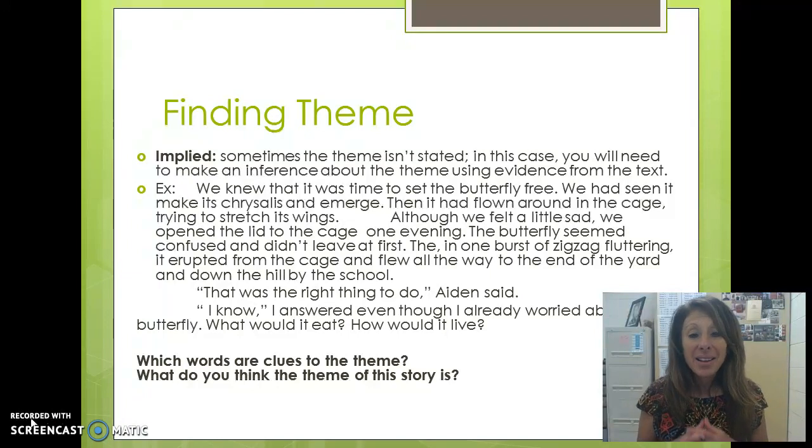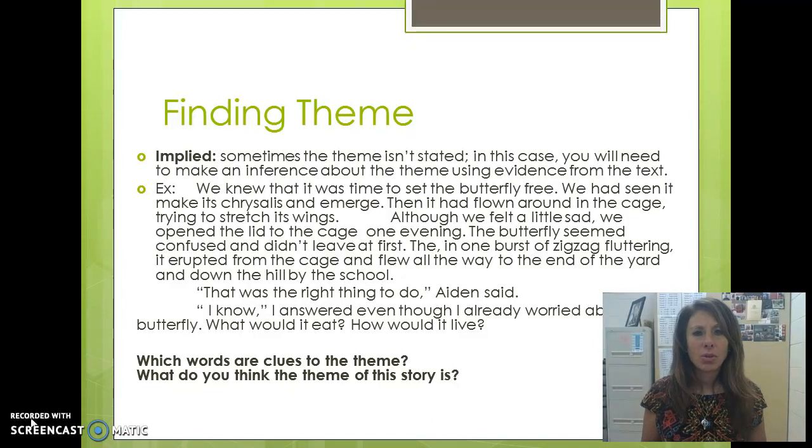Then, in one burst of zigzag fluttering, it erupted from the cage and flew all the way to the end of the yard and down the hill by the school. That was the right thing to do, Aiden said. I know, I answered, even though I already worried about the butterfly. I mean, what would it eat? How would it live? Now, which words are clues to the theme here?